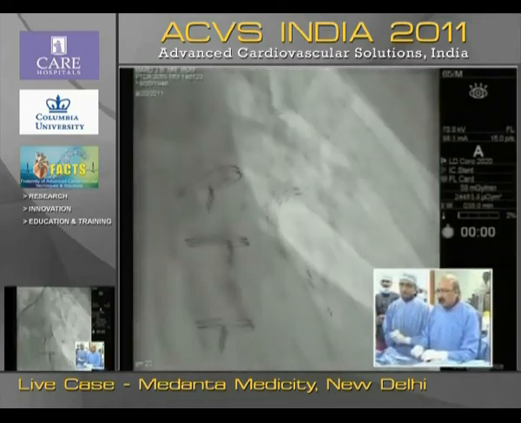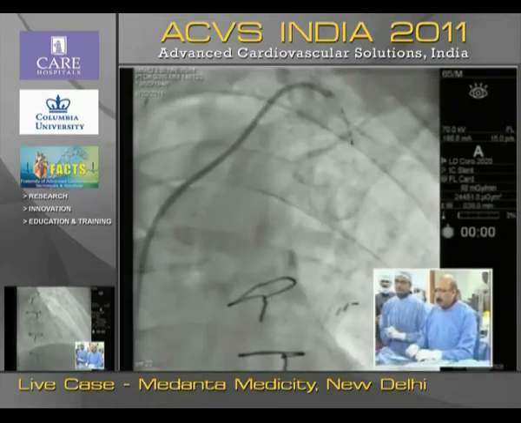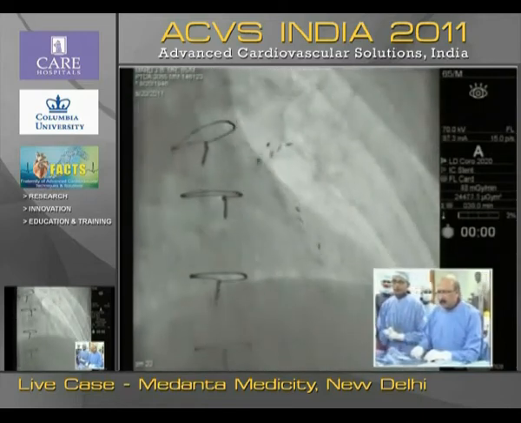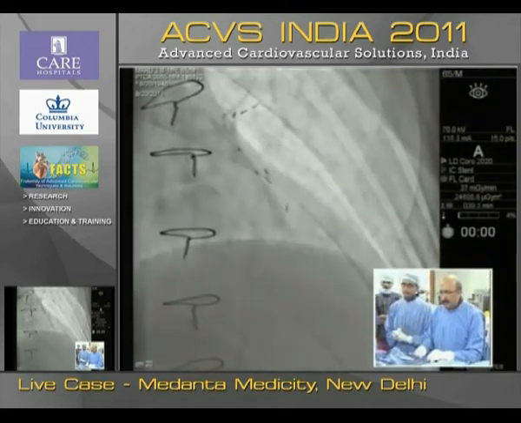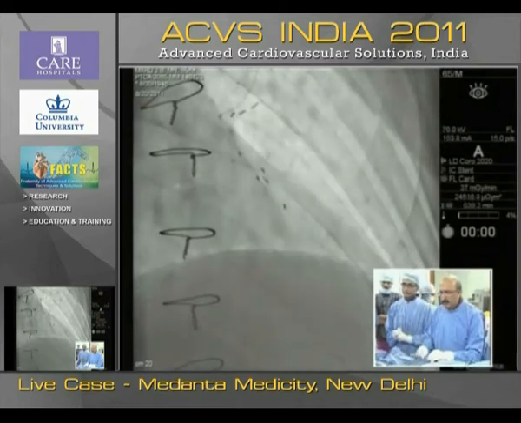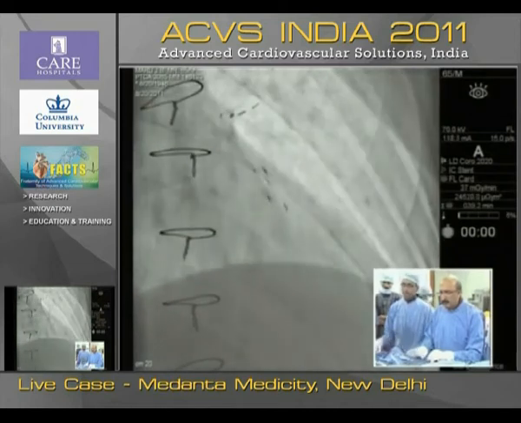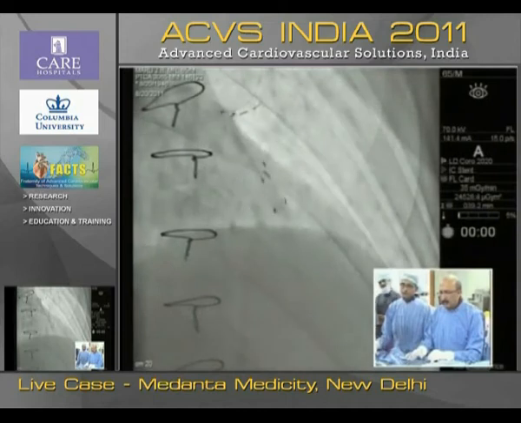So here you see the balloon is really crossing. Okay, there is some resistance, but we are going very slowly, because if you start pushing it too much, the guiding will really jump out and the wire will also lose its position.